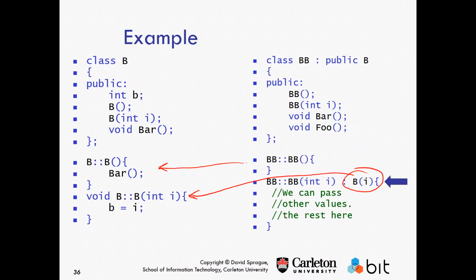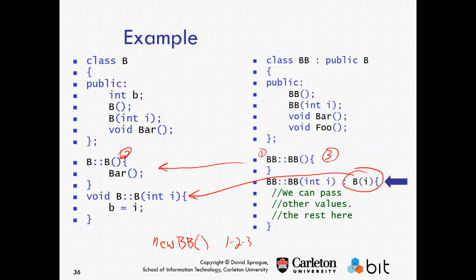If I make a new BB without a parameter, it's going to call this one, go to this one, call bar, and then come back. So new BB means I'm going to call 1, 2, 3. Start here, jump over here, call bar, jump back, finish my constructor.